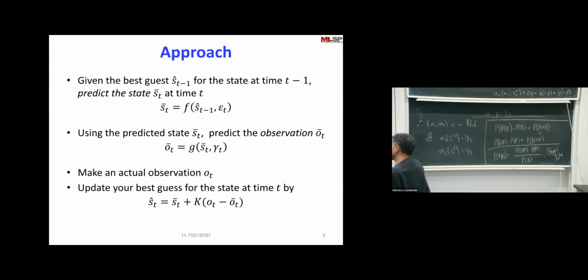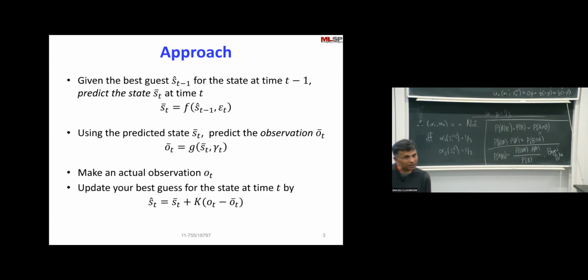So from s hat t-1, you predicted s bar of t, which is the predicted state at time t. And then from the predicted state, you predicted the next observation. So now you moved on to time t, you have a predicted state, and then you have predicted an observation. And then you make an actual observation.